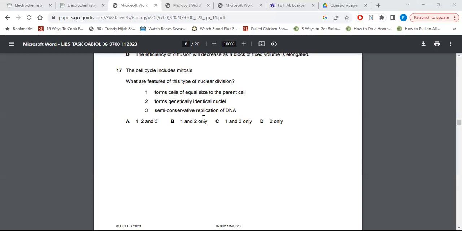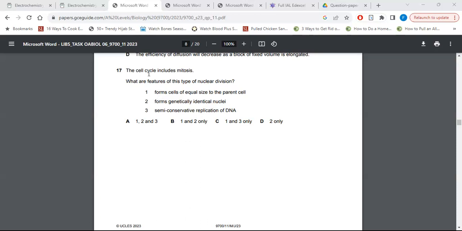What about semi-conservative replication of DNA? Is that true? Yes. All right.